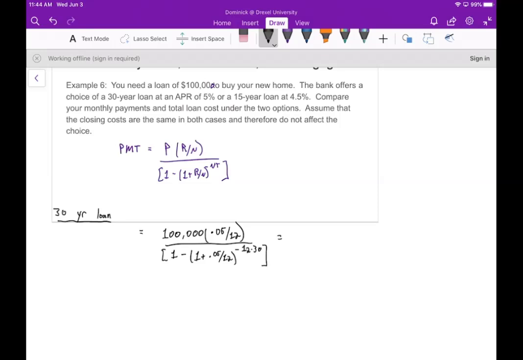Anyway, I'm going to divide that by 12. When you're entering that exponent in the bottom, make sure that you're using the negative sign and not the minus sign, and make sure that that exponent gets its own set of parentheses. If we enter all this in, we find that our monthly payment would be $536.82.